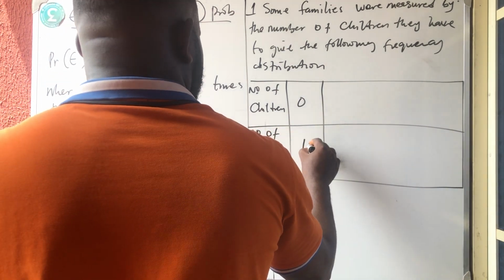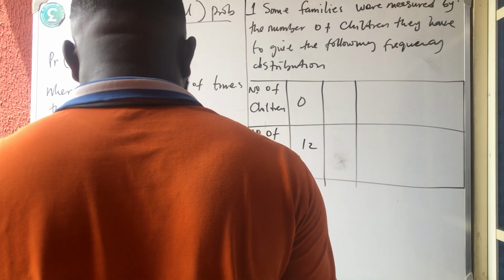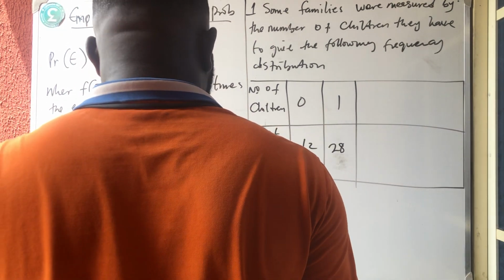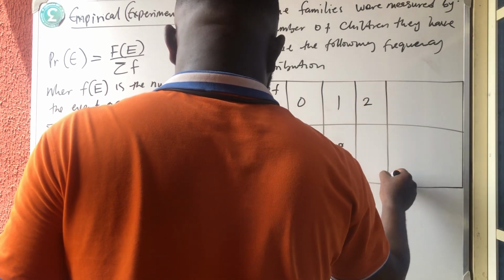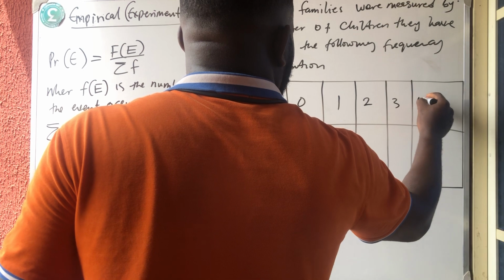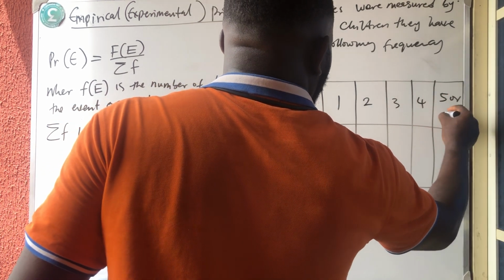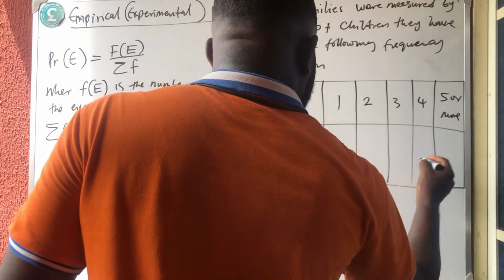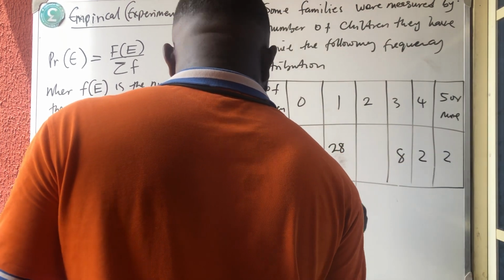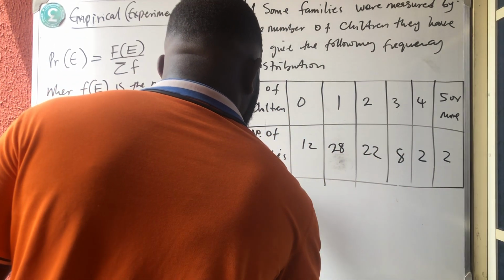So for 0, I have 12. 12 families don't have children. 28 families have just one child. Then 2, 3, 4, 5 or more. They have that this is 22.